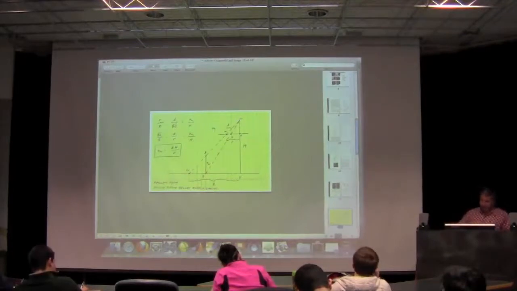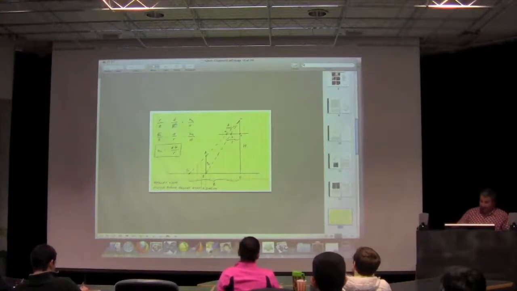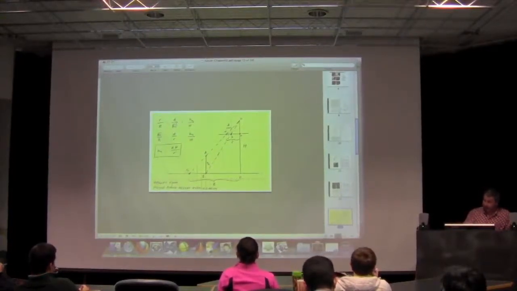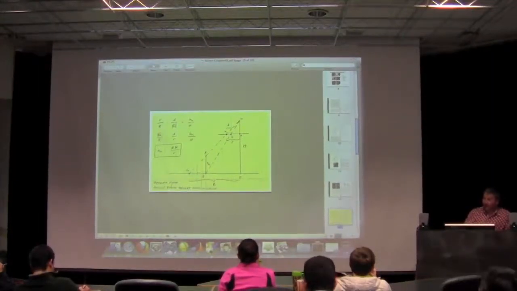One of the ratios it's going to equal is the distance from point b to point a on the image plane, this distance right here. Those are also proportional to one another in the same proportion.